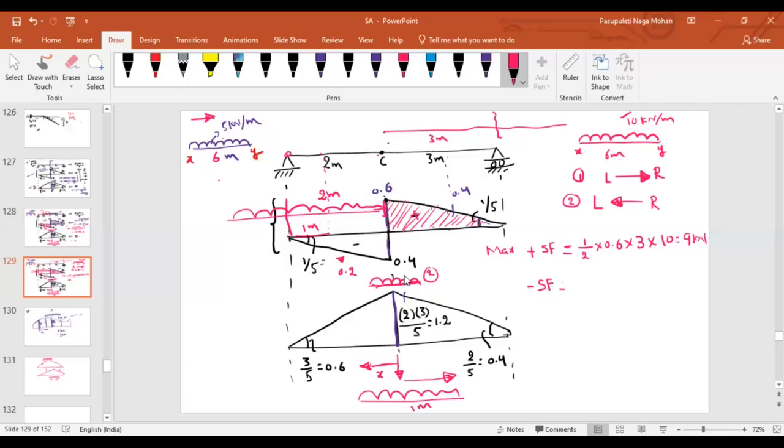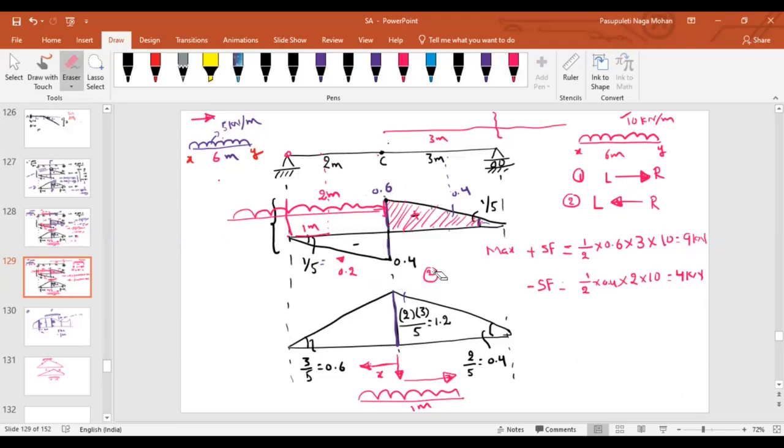Even though the length of the UDL is 6 meter, only 2 meter is on the beam. So whatever the area, half into 0.4 into the length 2 into the ordinate 10. If we solve this, how much will I get? 2 into 10 gets cancelled. 4 kilonewton. As of now, it's clear. Yes, sir.